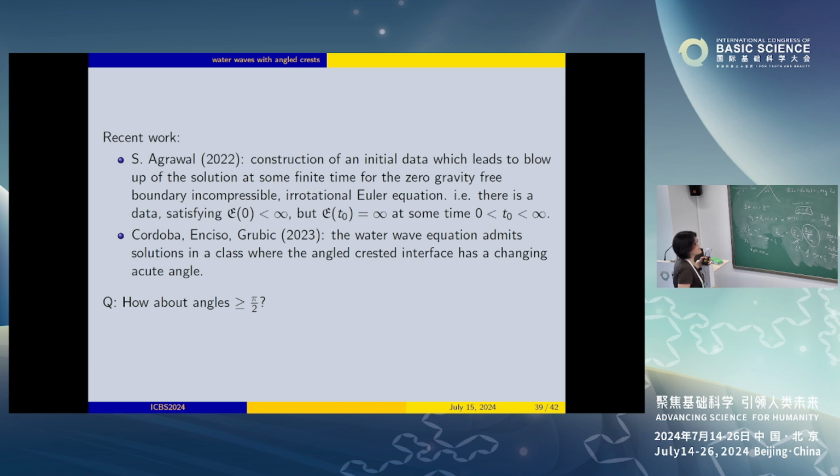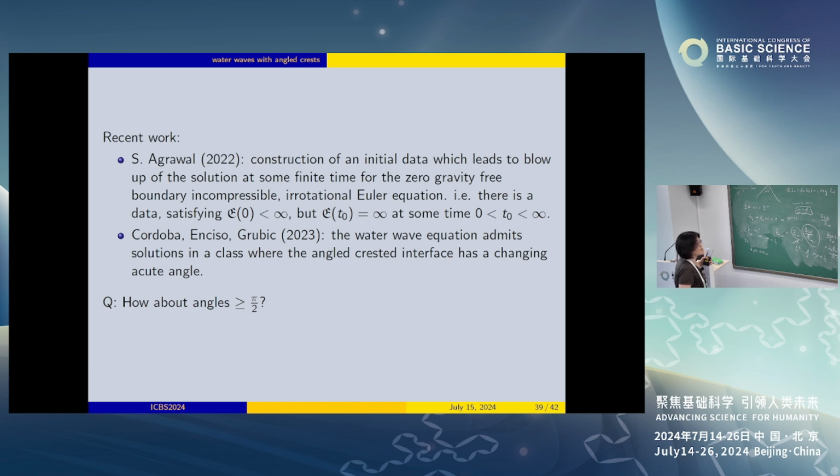So there's a norm inflation for this class of energy. His energy is more refined than what I have just shown you, but in the essential class, his energy also doesn't allow the change of angle. The angle has to be less than pi over 2. So in this work, Cordoba and Cecil Grubik show that the water wave equation, in fact, admits solutions in a class where the angled crest interface has a changing acute angle.